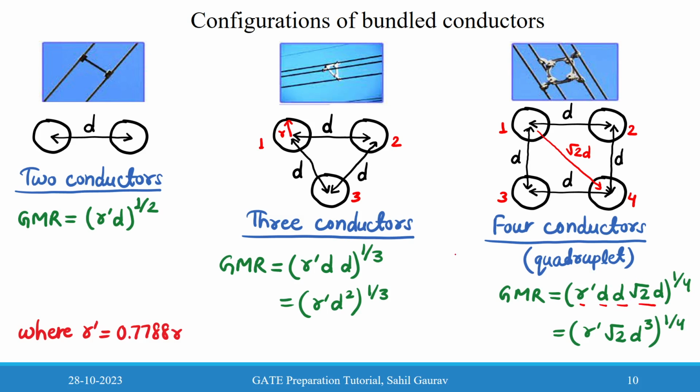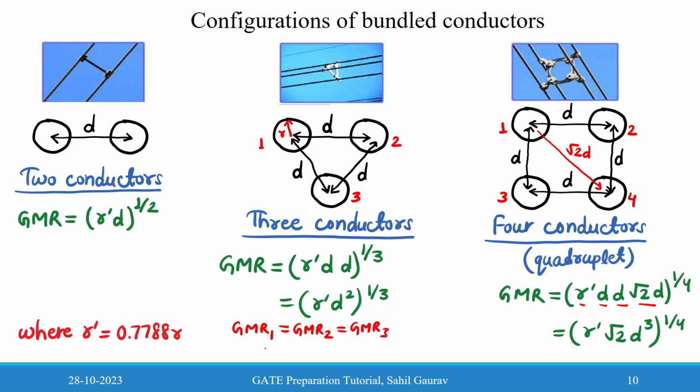Here you may wonder that we have taken this GMR for the whole bundle, and we are telling you that this is for one conductor. Suppose we take the example of these three conductors: GMR for the first conductor, GMR for the second conductor, and GMR for the third conductor will be equal.